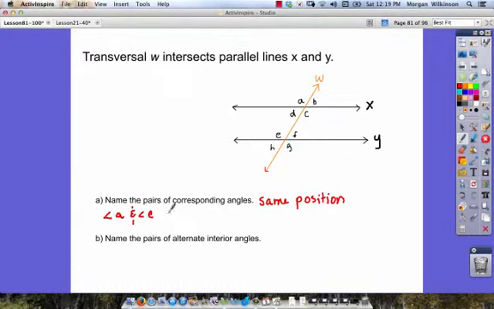Another pair of corresponding angles would be B and F because they both face up and to the right. Angle B and angle F. Another one must be angle D and angle H because they both point down and to the left.